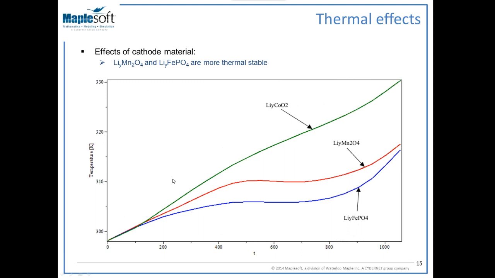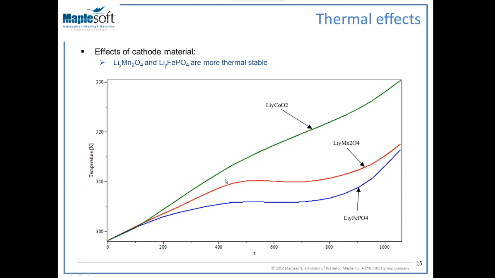And we can also capture the thermal behavior of the battery versus different types of cathode and anode material as well. The green curve that you see here corresponds to the temperature rise in a lithium-ion battery with lithium cobalt oxide cathode, and the red and the blue curves are the temperature curves for the battery with lithium manganese oxide and lithium iron phosphate cathode.